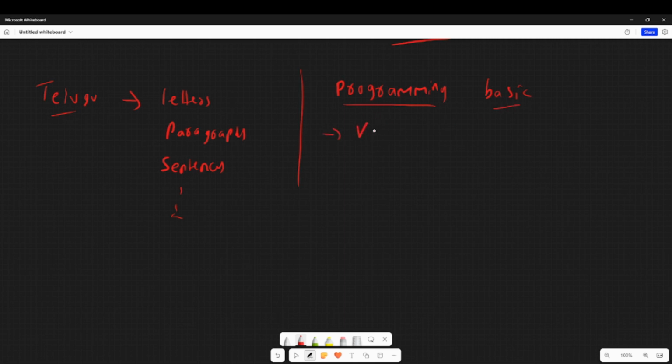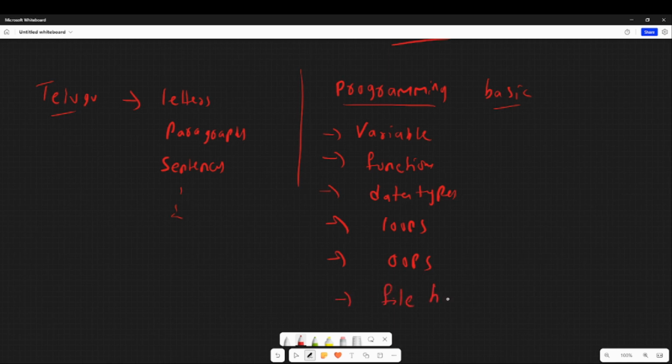They have variables, functions, data types, loops, OOPs, file handling, and another concept like debugging, etc.